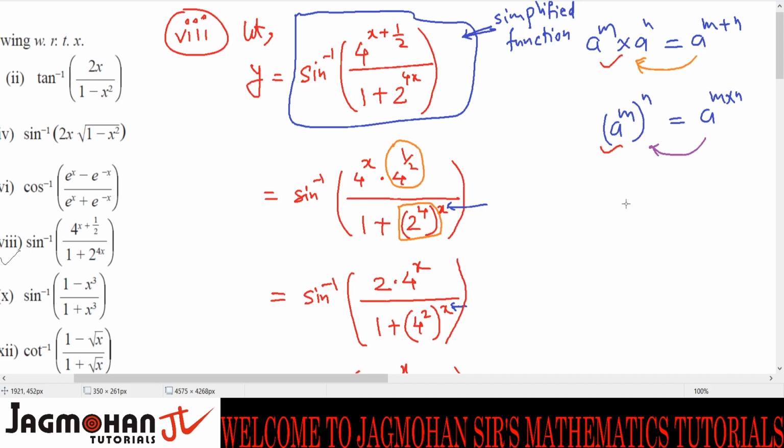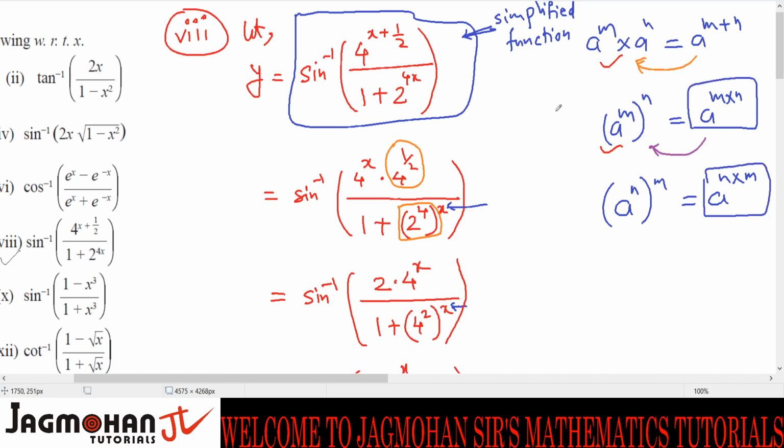Suppose I write here a raised to n the whole raised to m. Then what would it be? It would be a raised to n into m. So what you see is that whether power m is inside the bracket and n is outside, or n is inside the bracket and m is outside, in both the cases the RHS happens to be the same, as m into n is n into m. So for the first and second, we notice that the RHS are equal, so the LHS also become equal.